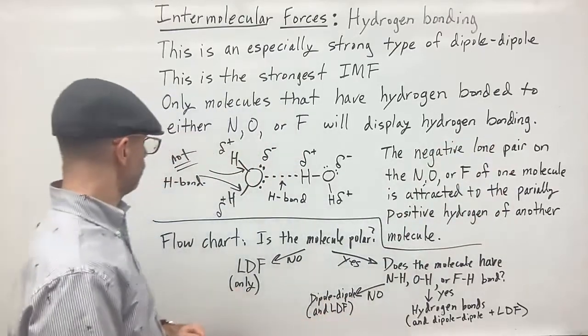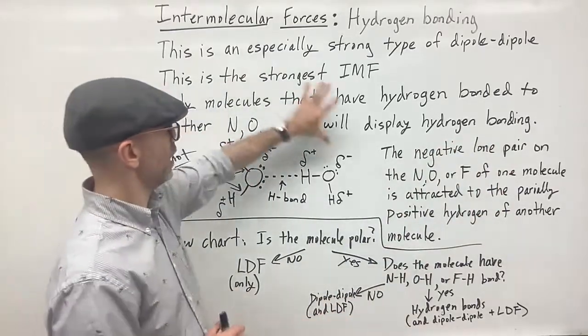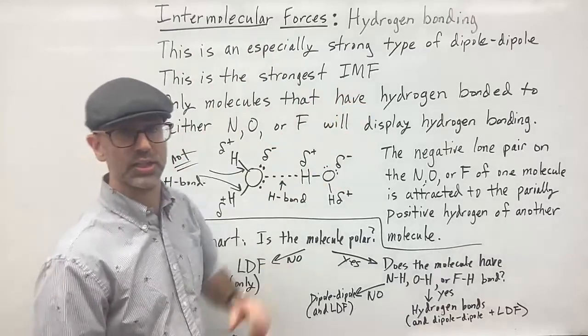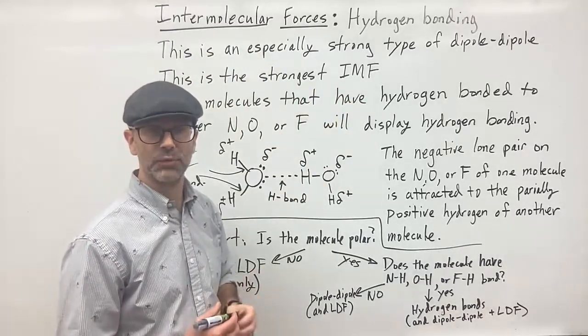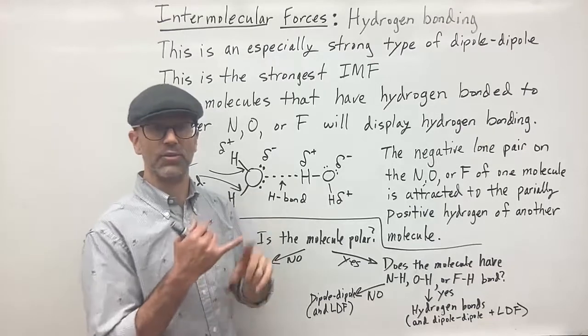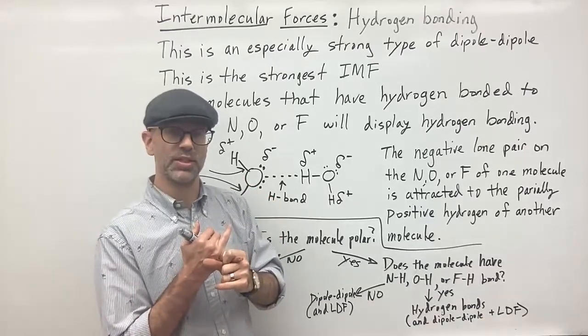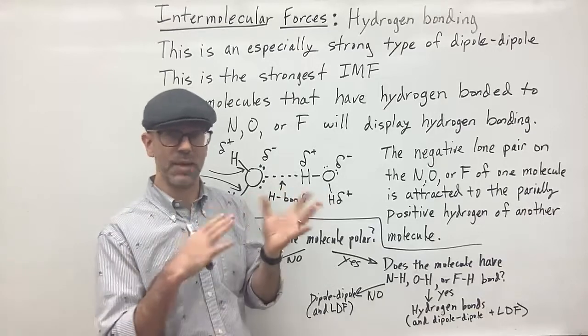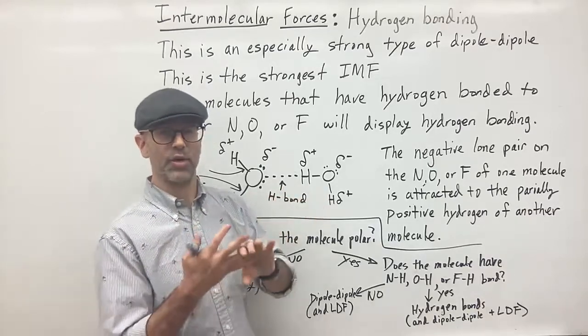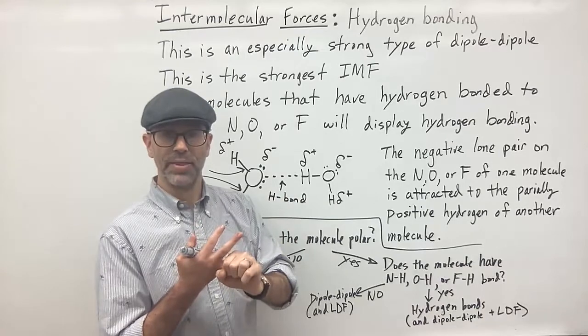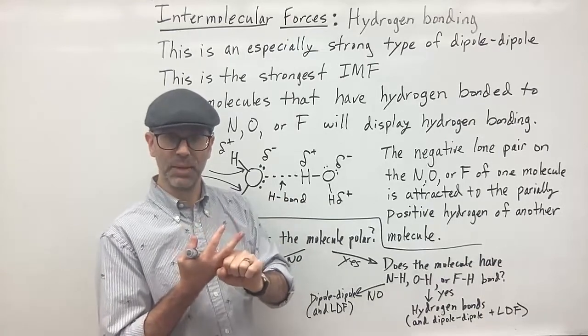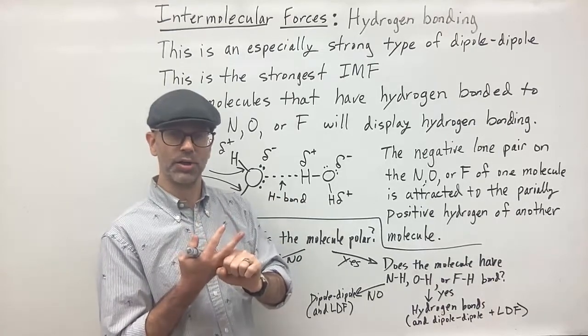Okay, so this is the strongest of the three intermolecular forces that we've covered. The weakest is the London dispersion forces because they are just a temporary dipole that doesn't last very long. Then you have your dipole-dipole, and that is due to the permanent dipole, the polarity of the molecule.